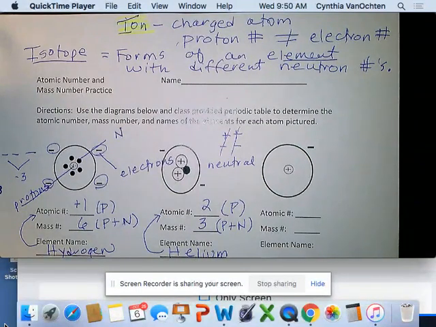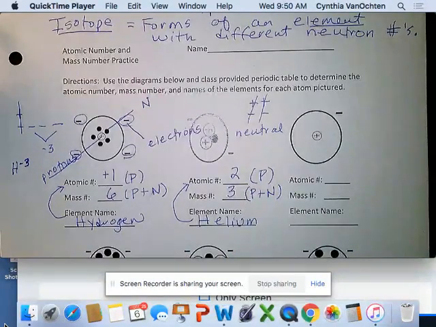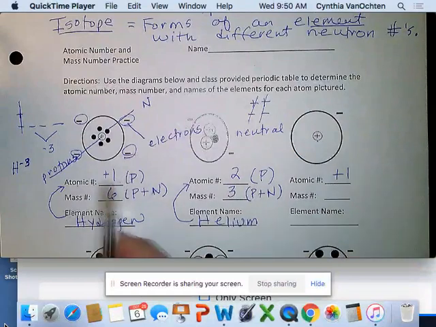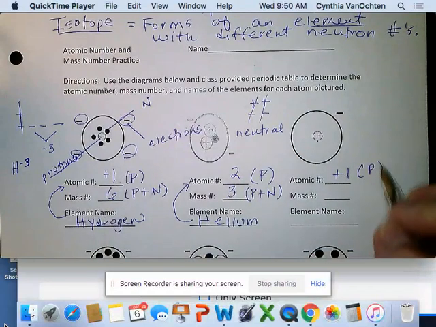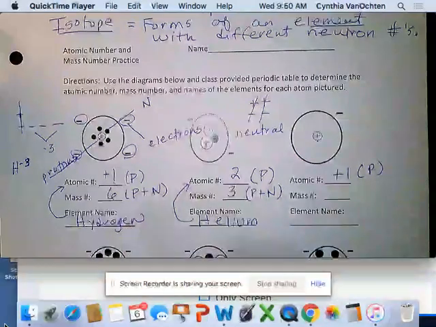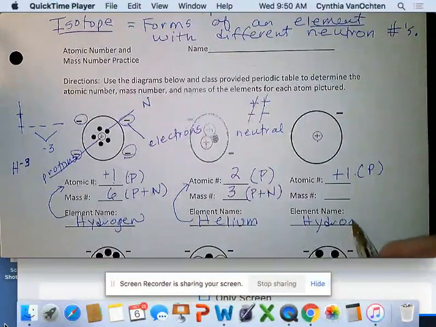Okay, we did the next one together because I wanted to point out that it was an isotope. So I'll just quickly fill it in. So this next one has 1 proton, just like the first one. That's how we identify the element. So if the first one was hydrogen, then this one must be hydrogen too, because we've got that 1 proton.